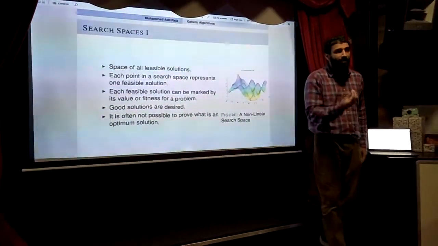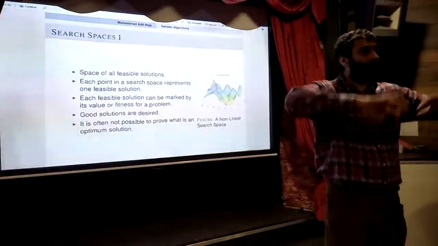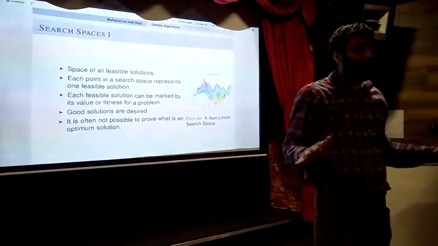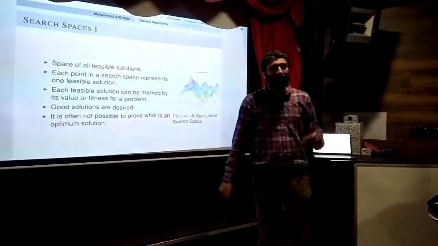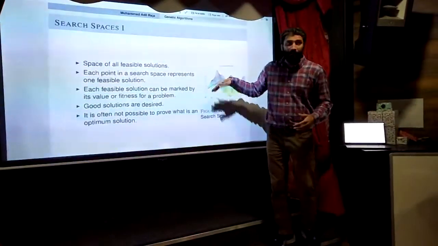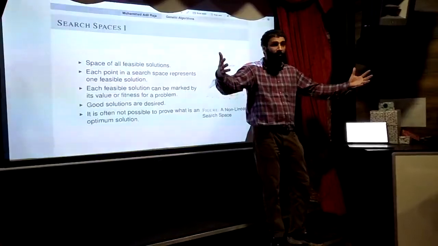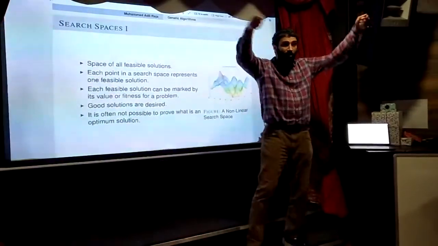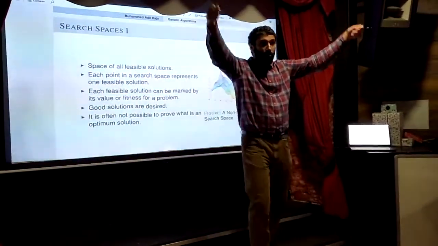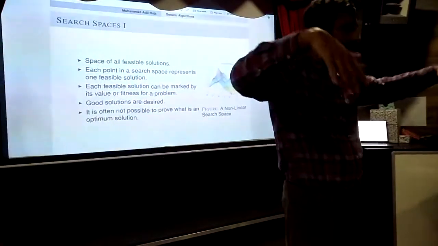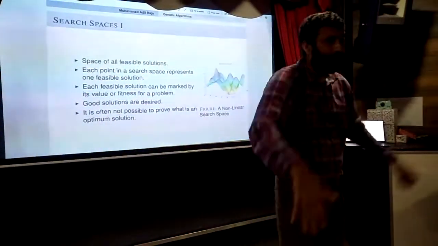Now, traversing this search space, which has too many highs and lows, is non-trivial. One of the ways we can think about traversing is that let's say we had a bunch of kangaroos that we throw onto the search space from helicopters. We have parachutes, we throw them on this.